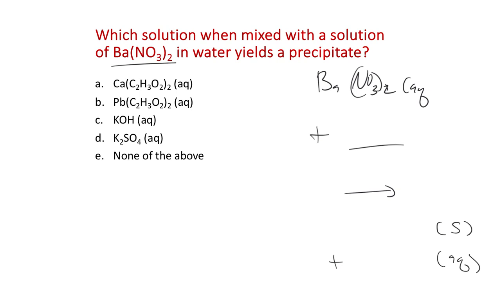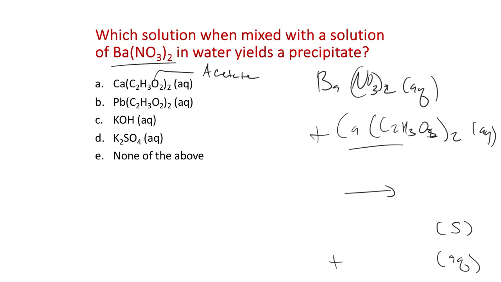Let's think about A. So if we go with A, we go calcium acetate. So calcium C2H3O2, 2. This is the acetate ion. So that's an aq because all acetates are water soluble. So I think you can probably see here this isn't going to lead to a net change, right? Because all nitrates are water soluble. All acetates are water soluble. Neither one of them have any listed exceptions.